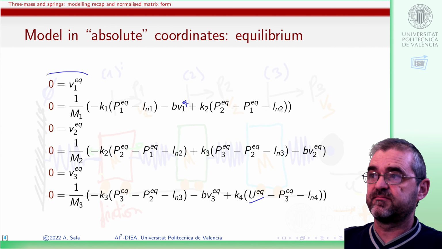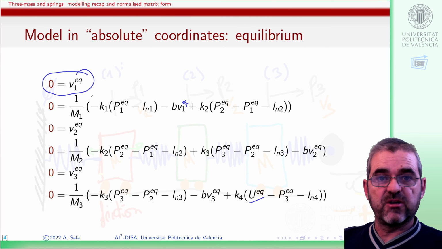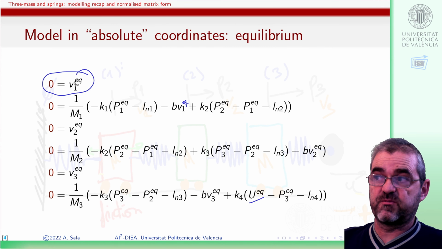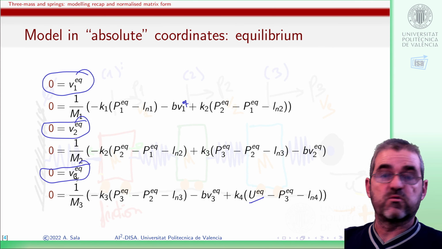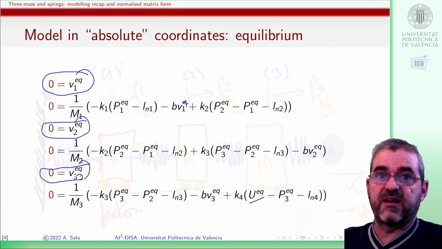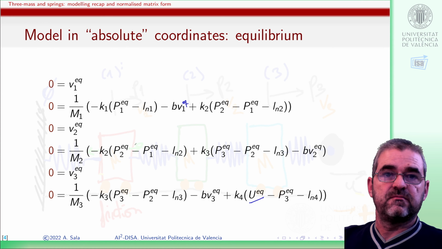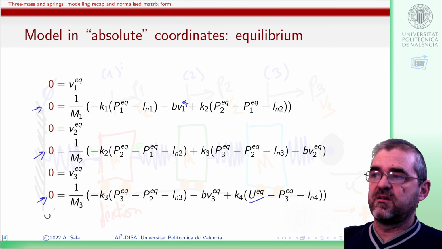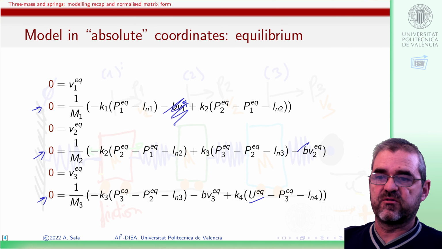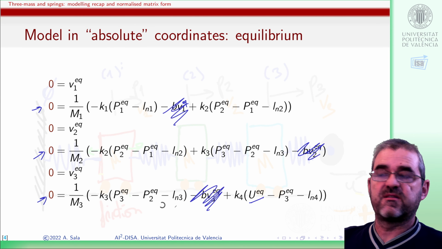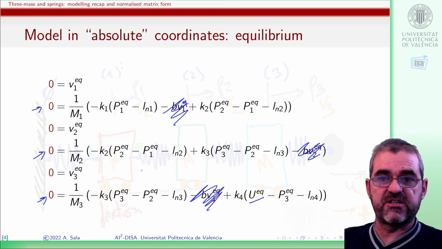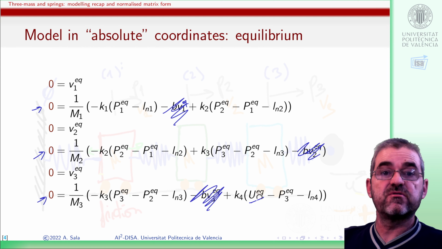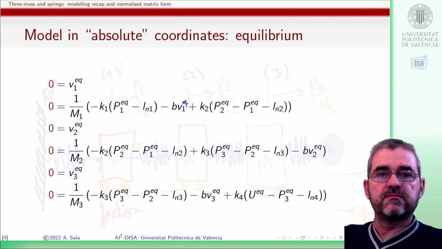For instance, when everything is stopped and positions are constants, speeds are 0. This is what this equation says, but okay, we expected it intuitively. And apart from 0 speeds, if I then think in these equations with, of course, 0 equilibrium speeds, then I can obtain the equilibrium positions if the input is assumed known.